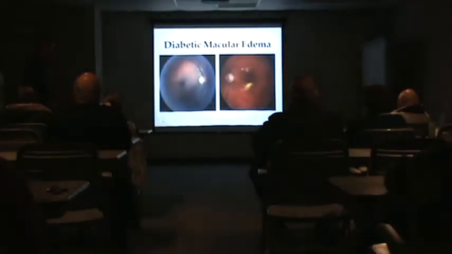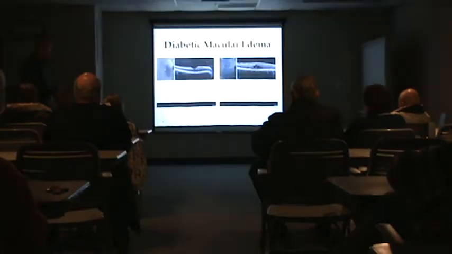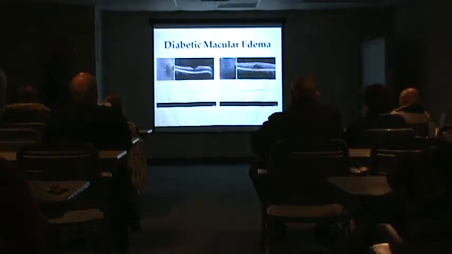You can see again on the left-hand side, normal macula, which is this area here. This part over here, all this whitish yellow, is swelling in the macula area. In this picture you can see it a little bit better. This is called an OCT. This is the instrument that we use, the same instrument that the Wolf Eye Clinic uses to look at this part of the eye. On the left here again, normal macula.